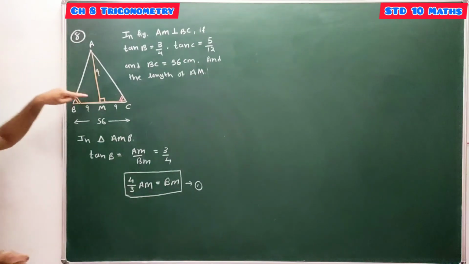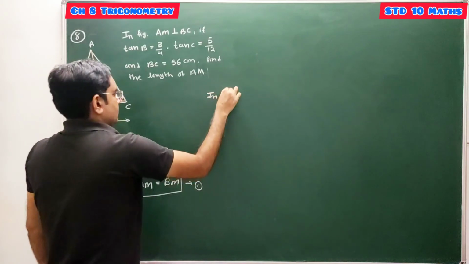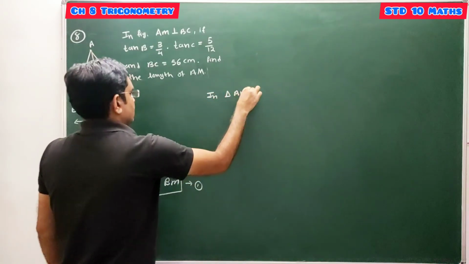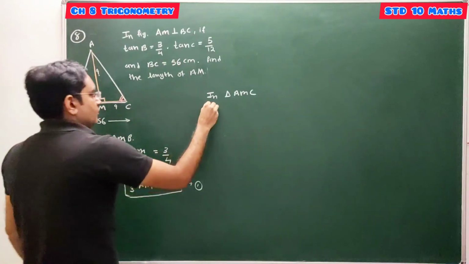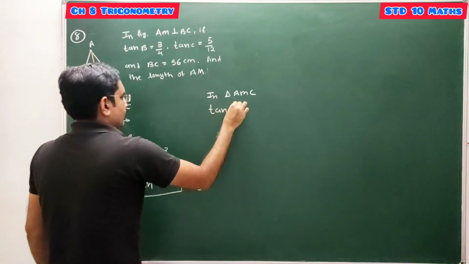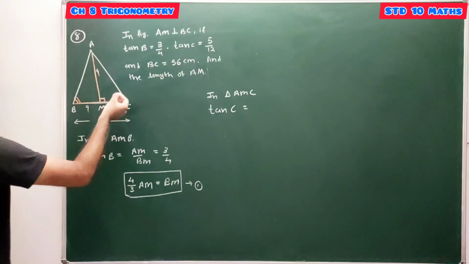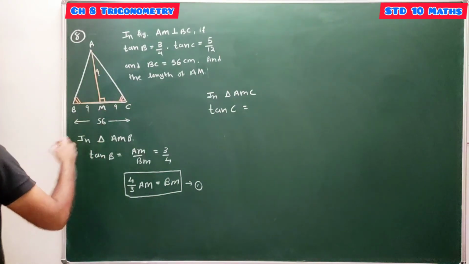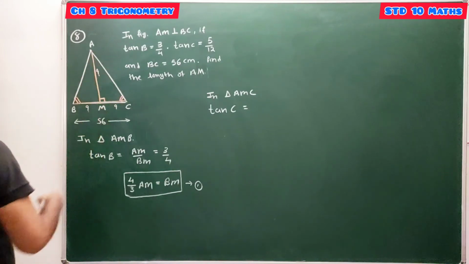Now consider triangle AMC. So in triangle AMC, tan C is given. So definition of tan C. It's the opposite side by adjacent side. So opposite side is AM, adjacent side is CM.